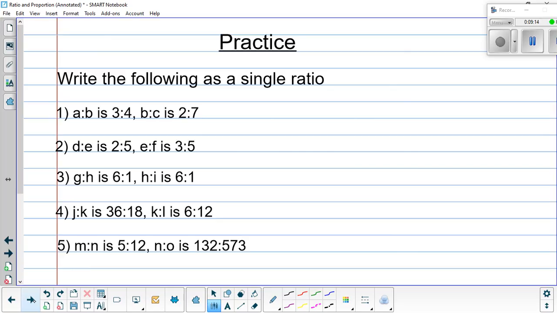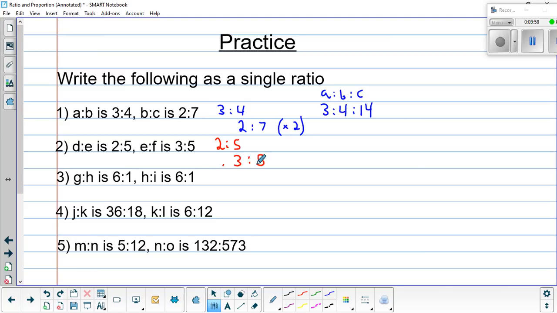Okay, so doing these, A to B, we're going to set that up as 3 to 4, and B is my similars, so I'm going to stack it 2 to 7. I'm going to see that I can multiply this one by 2, and so we're going to get 3 to 4, 3 to 4 to 14, and that's A to B to C. Okay. Next one, we're looking at 2 to 5, and E is 3 to 5.